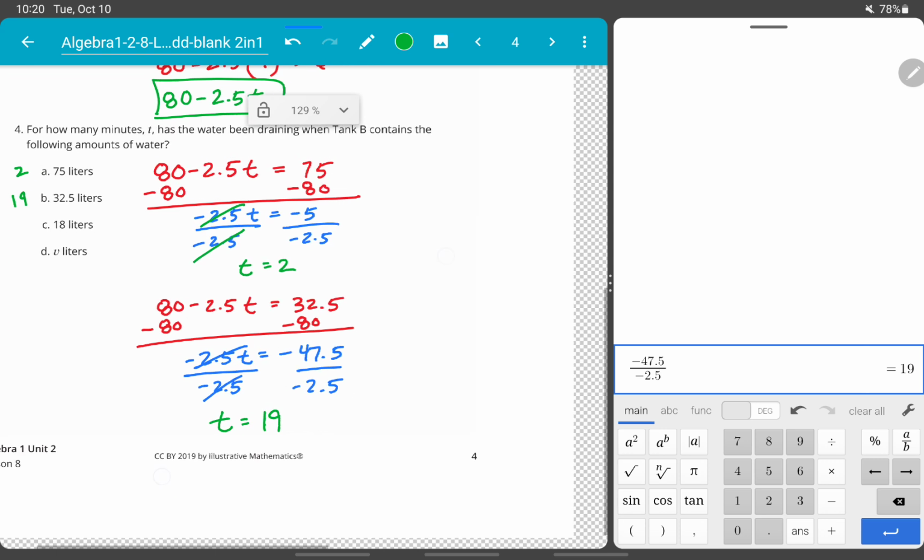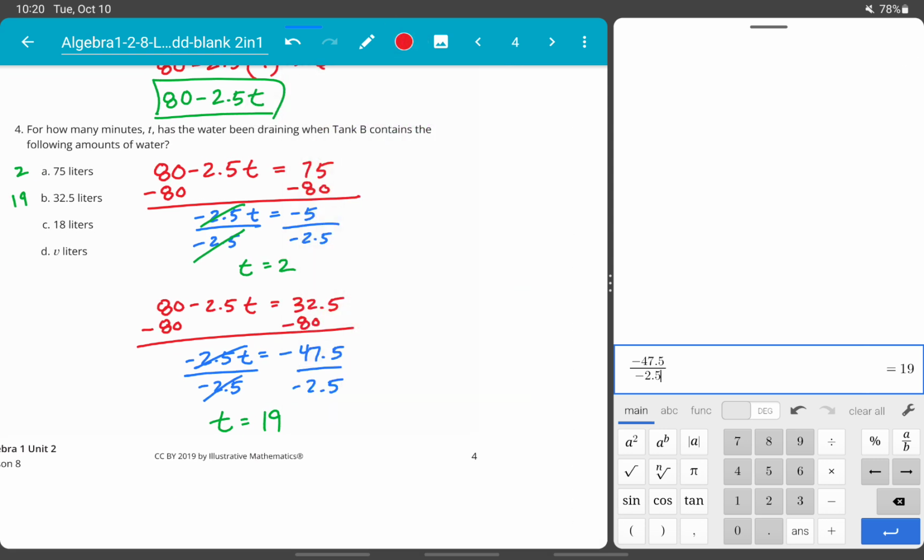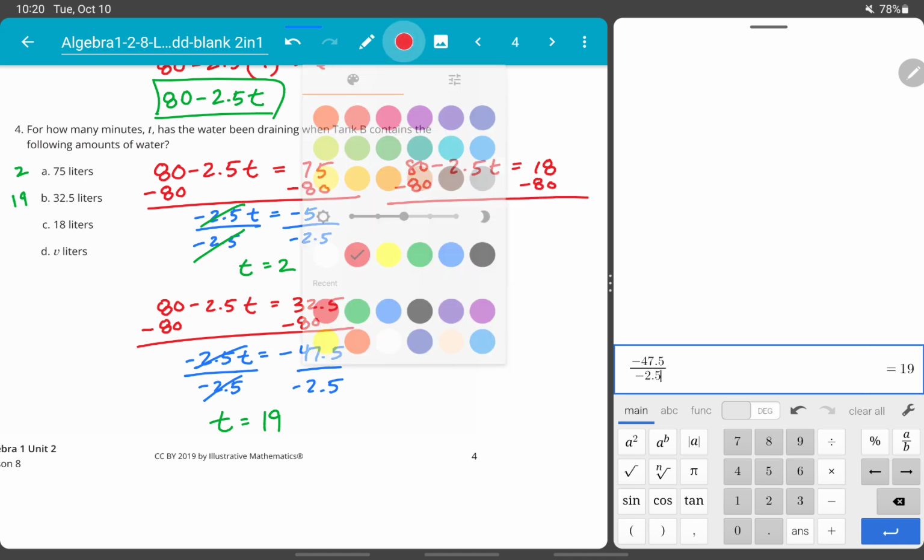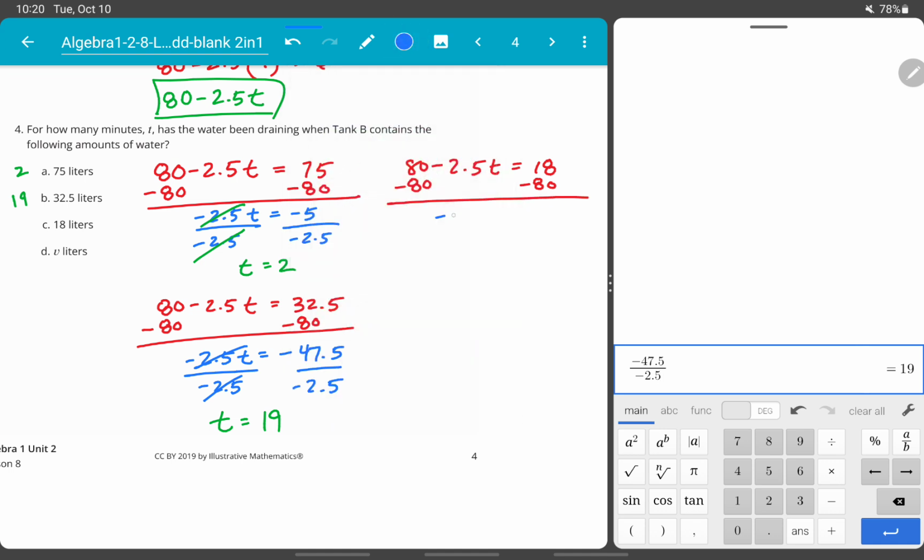Okay, let's do it again for 18. We're going to do 18 liters. Oh, sorry, we start out with 80. We're draining at 2.5 liters per minute, and we want to end up with 18 liters. So we're going to subtract the 80 from both sides. And then we're going to have negative 2.5 T equals, I'm going to do 18 minus 80 to get negative 62.